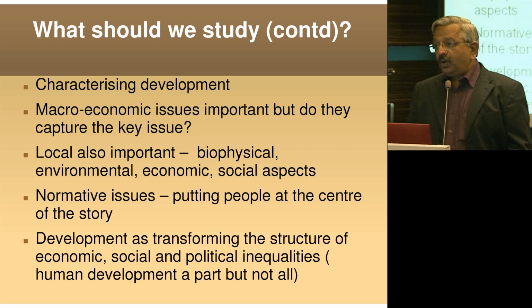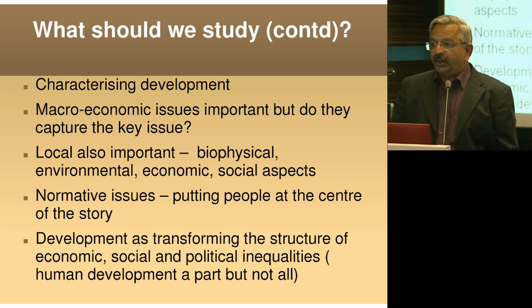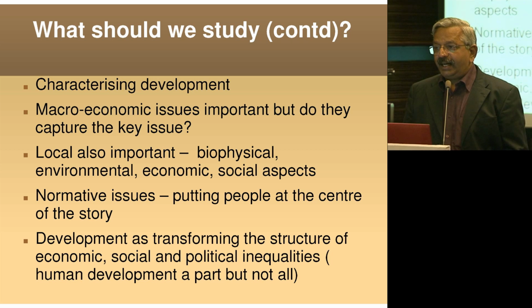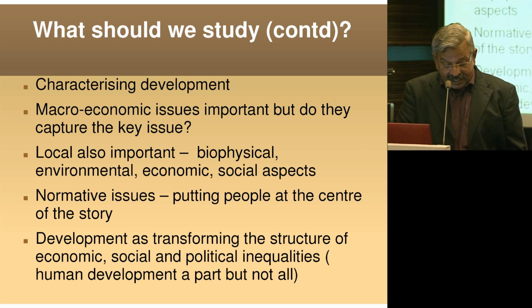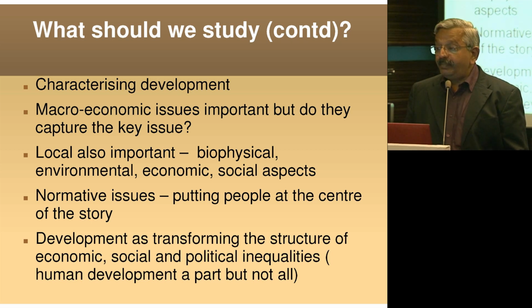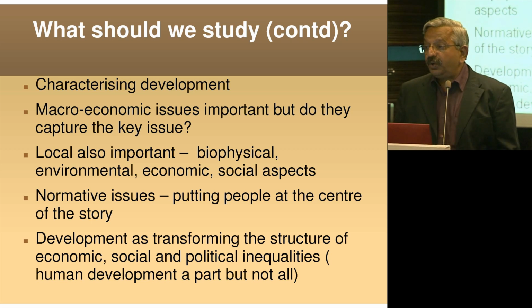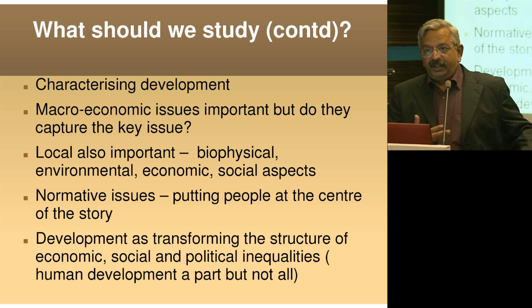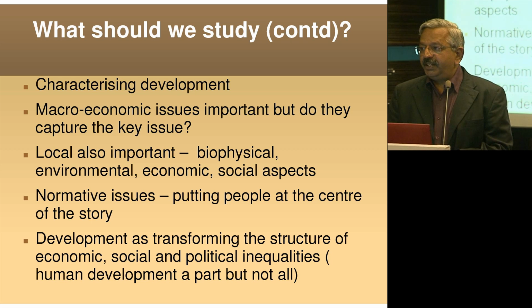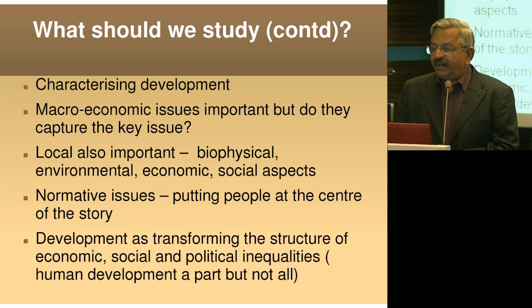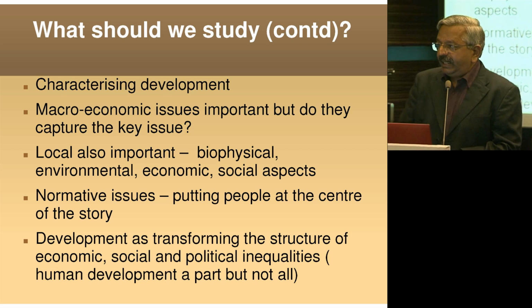I think it's also very important, especially when you're talking about economics, to recognize that there is a fundamental normative issue here. Who is at the center of the story? People at the center of the story, or is production at the center of the story? The previous speaker mentioned that agriculture is very important to India because 70% of the population is connected with it.